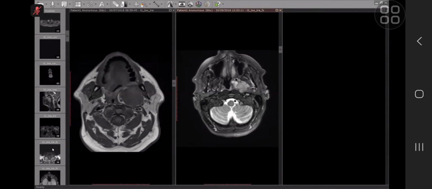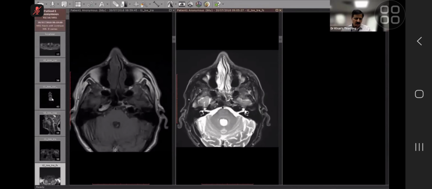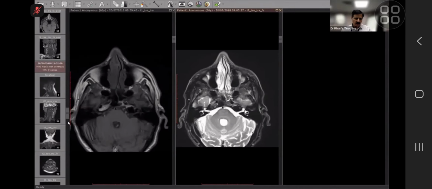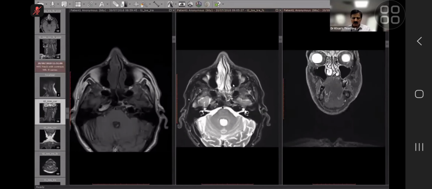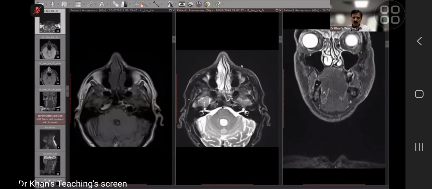Let me give you this one, and then I will give you a coronal. So this is a stir axial, stir coronal, and let me slightly blow it up. Over to you.